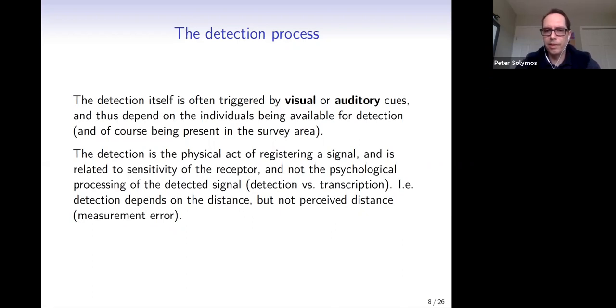So it comes down to physics and how sound travels through different media. I'm not referring to the psychological process of, can I still remember writing down the third species, or can I put them in the right bin, because maybe I'm estimating distance slightly off. So this measurement error or misclassification with respect to distances or species, that is part of the transcription.